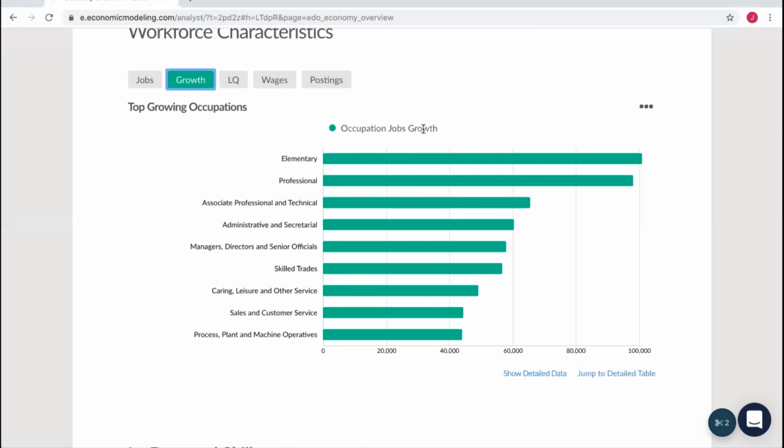Now, the reason why I draw your attention to that is that we know from research that we're conducting at the minute, and this data will be in our tools pretty soon, that a number of jobs are at high risk of automation, and it tends to be those in the elementary and skilled trade professions. So when we're looking at some of those lower level, entry level jobs, so things around food and retail, if they are appearing in the top performing areas in the location that you're looking at, we need to start thinking that through.